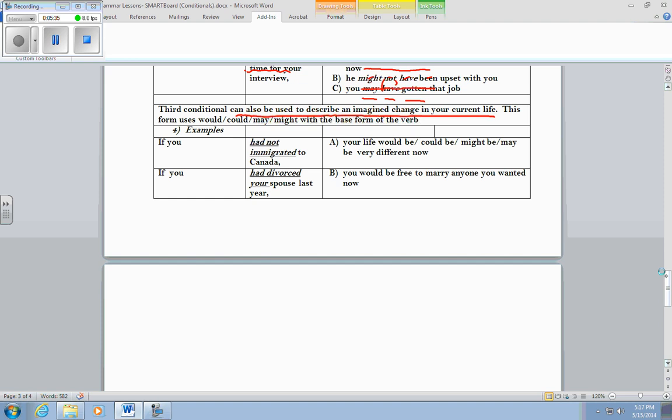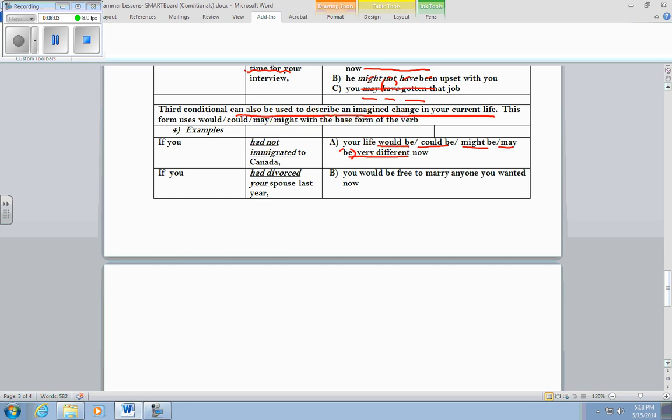This form uses would, could, may, or might with the base form of the verb. Okay, so imagine you have all immigrated to Canada, but if you had not immigrated to Canada, your life would be very different now, or it could be very different now, or it might be very different now, or it may be very different now.